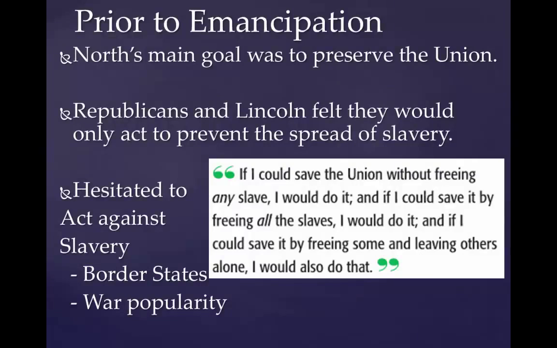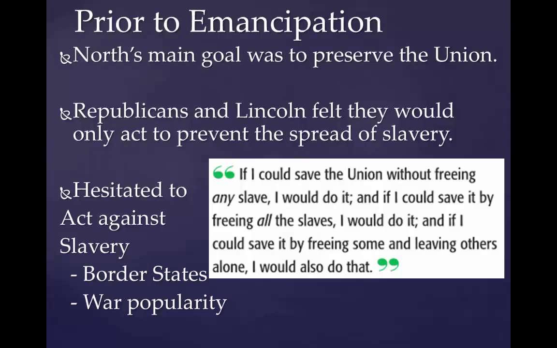Having such a majorly positive thing happen in the West in these battles, and starting to control a major portion of the Mississippi River, and the win at Antietam repelling the advance, really gives Abraham Lincoln some positive energy, and I guess the ability to put forth the Emancipation Proclamation, which we're going to see what that is in a second.